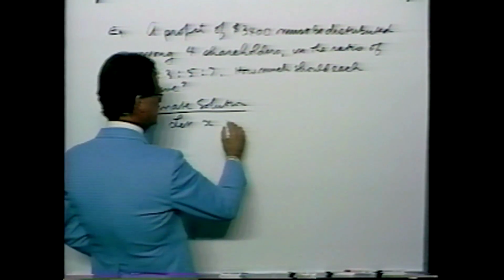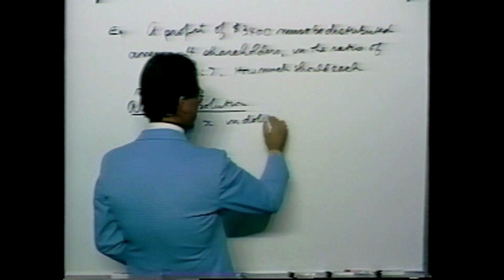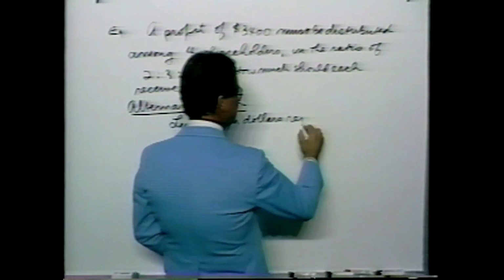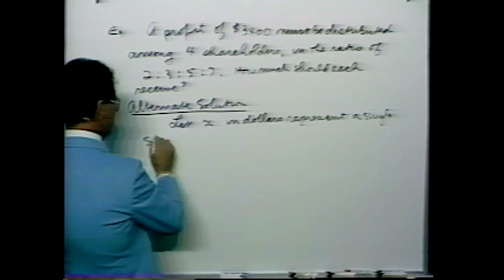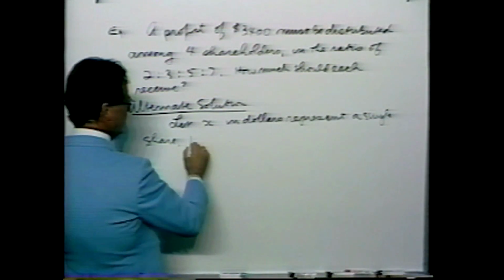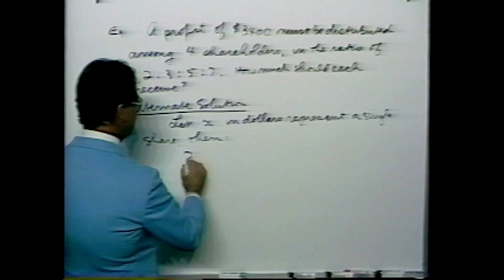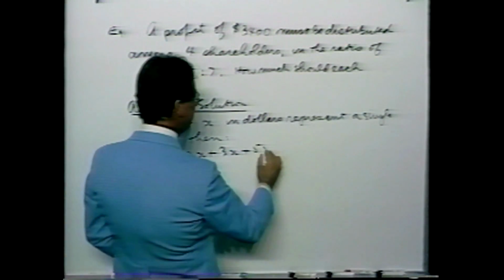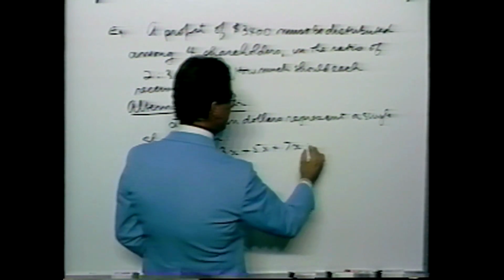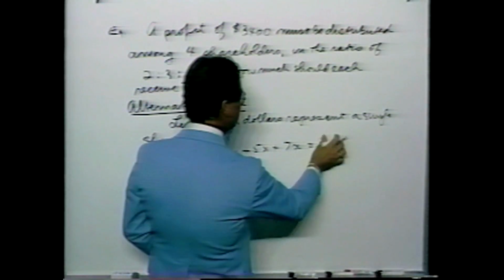Let x, in dollars, represent a single share. Then 2x plus 3x plus 5x plus 7x is equal to 3,400.